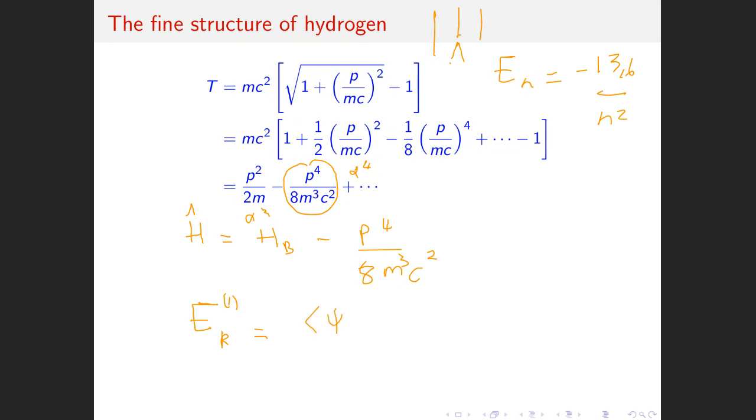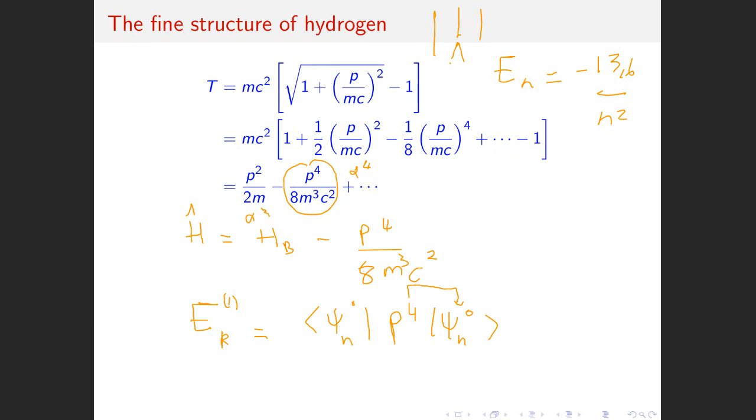So you get psi_n P^4 psi_n. These are just the unperturbed states, right? And this goes back to the question that I was asked. This P^4 classically, any operator adds to the right, right?